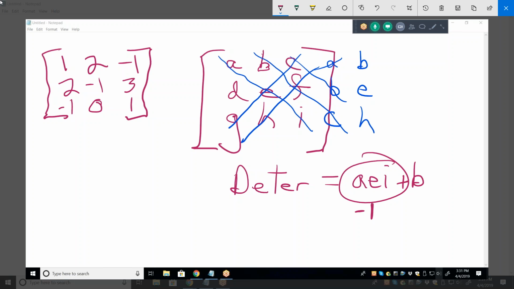I think that's what, or H. No, hold on. See, AEI plus BFC. And what is BFC here? It's 2, 3. In other words, let me do this. It'll make it easier. Let me rewrite those first two columns. So it would be BFG.